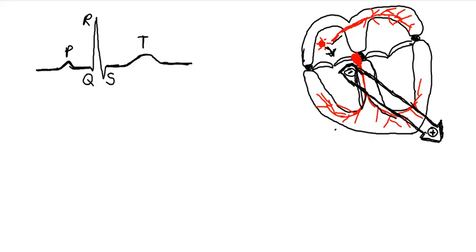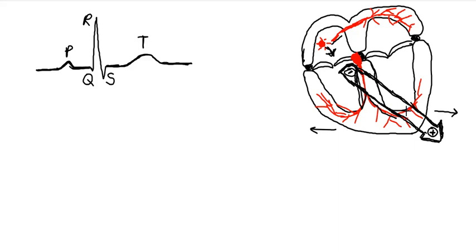The electrical axis of the right side is in this direction. Okay, the electrical axis of the left side is in this direction. But again, like I said, the left ventricle is the largest, and since both ventricles are being depolarized at the same time, the electrical vector of the left ventricle dominates.